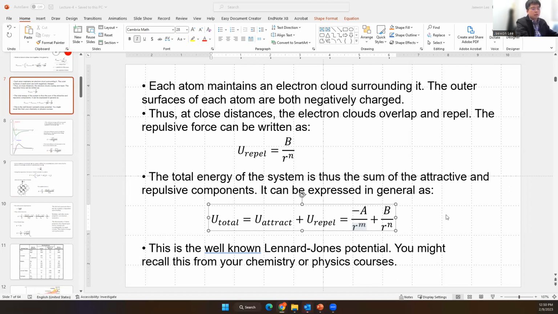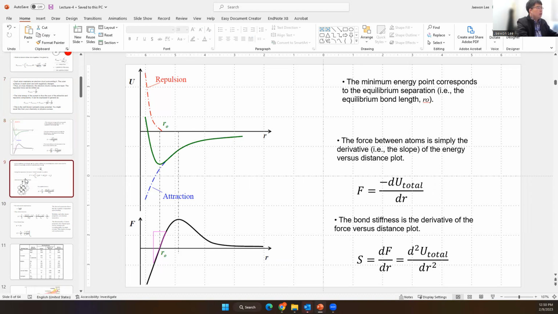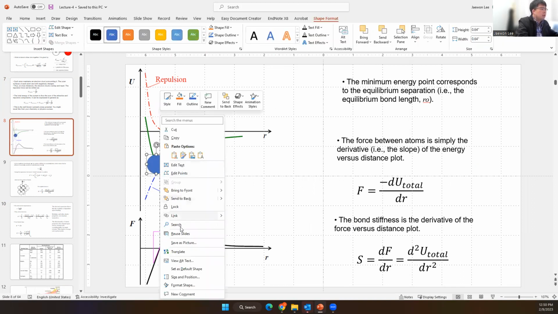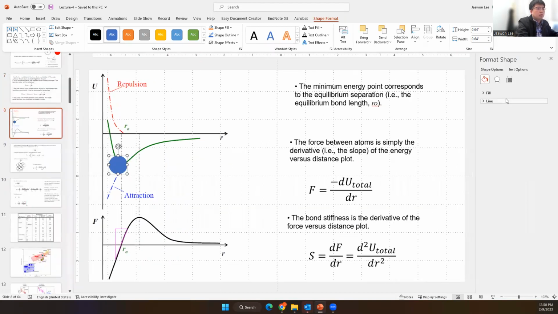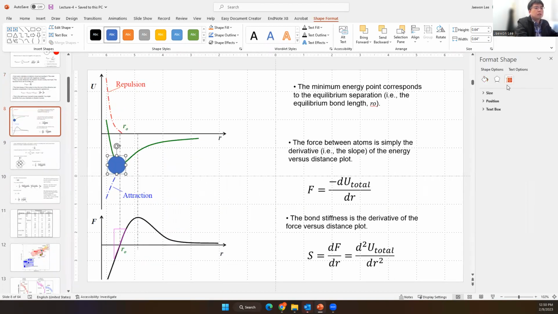So you can see the interatomic potentials or interatomic force. And then, let me explain this one. So this point is related to the most stable position, not area, distance.